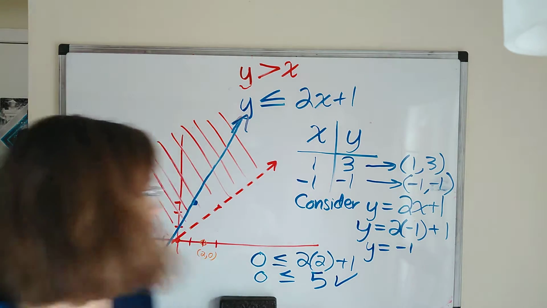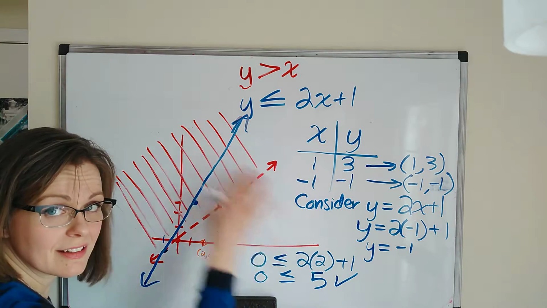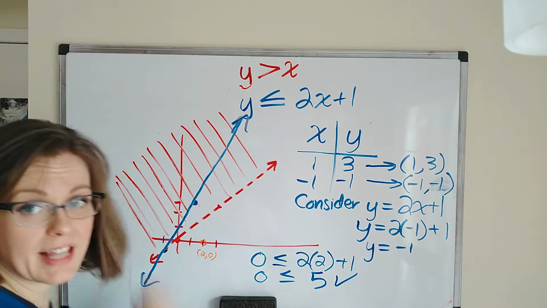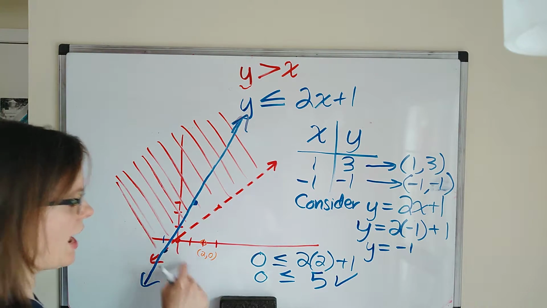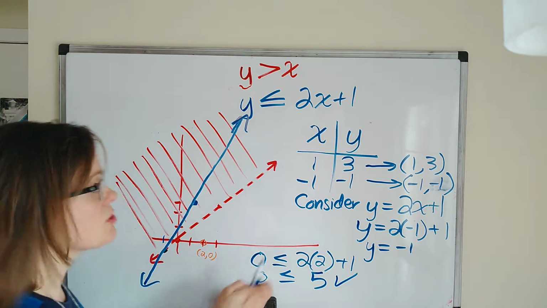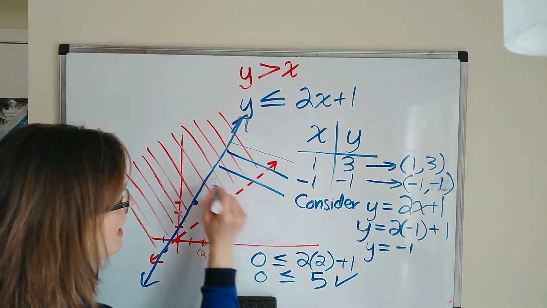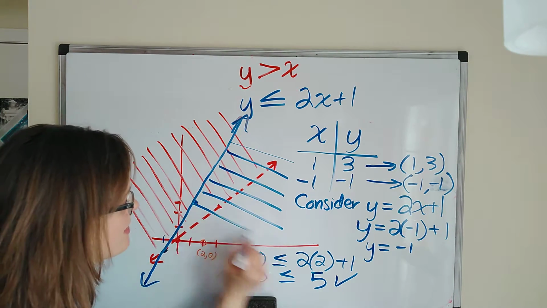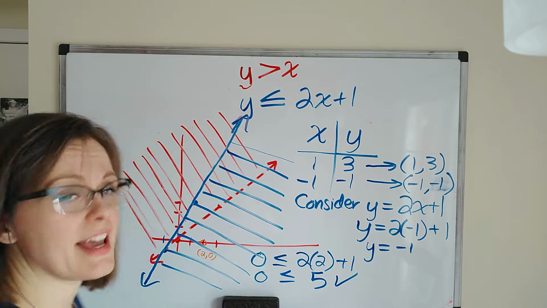So now for this line, I need to shade on this side of the line that we've graphed. I know that this point is part of a solution set, so when I do my shading, I need to shade on the side that's going to pick up that point. So I would shade like that.